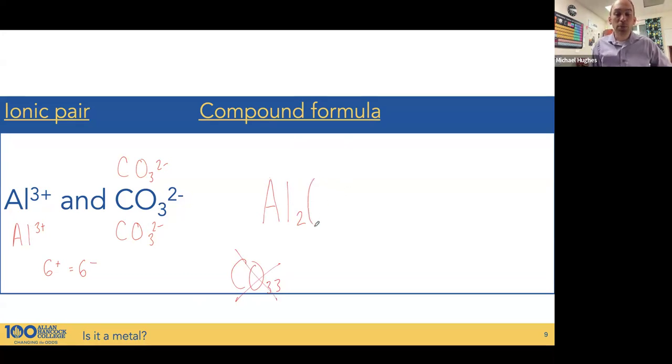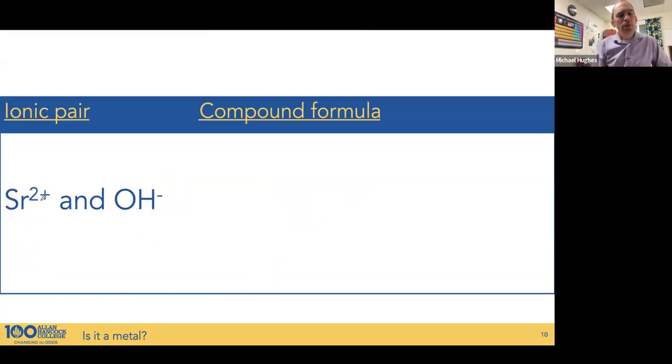So here we'll use the parentheses and go CO3, close parentheses, and we need 3 of them. So 2 aluminums and 3 carbonates to have our -6 and +6 charges sum to 0. And this is our compound's formula.